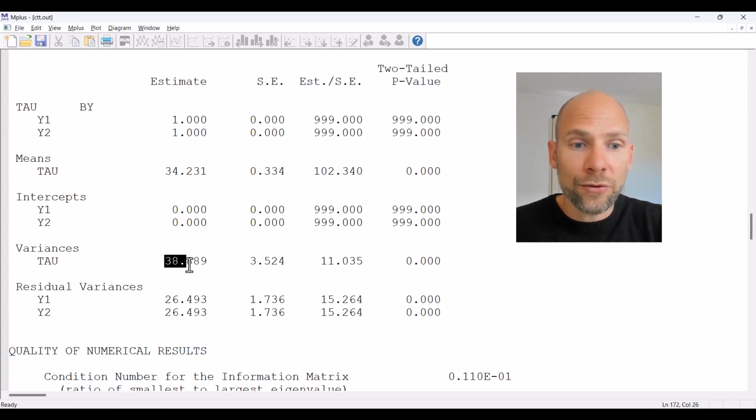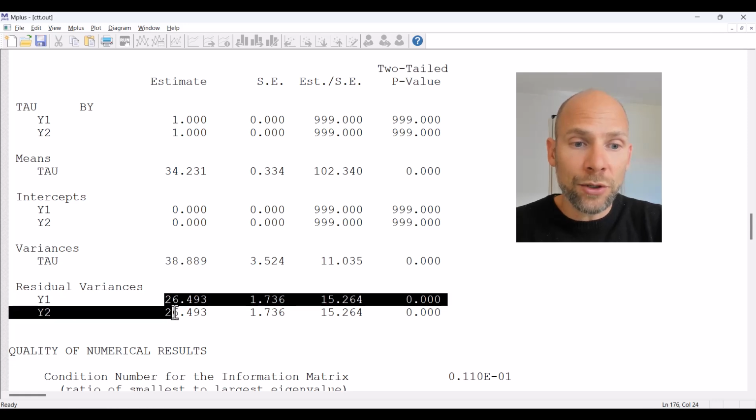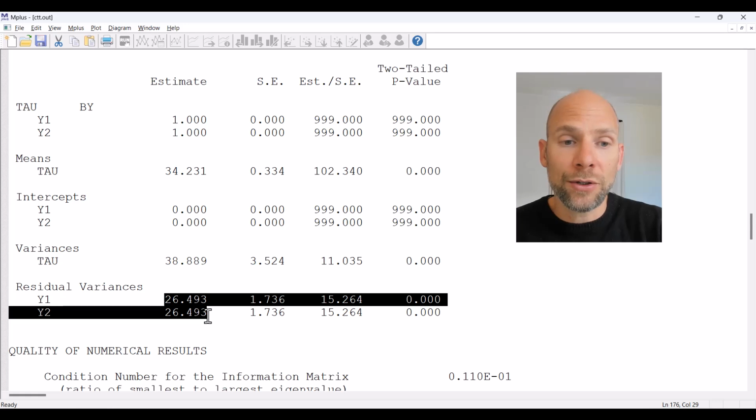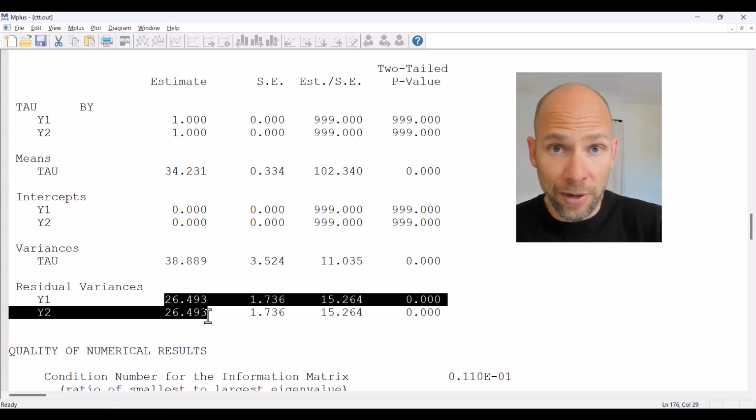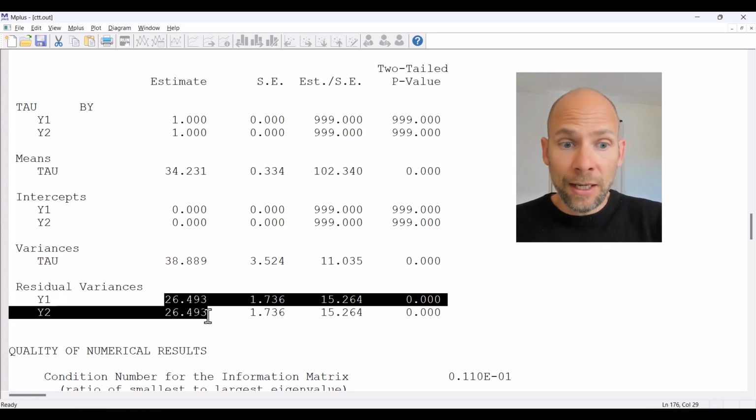And then also there's the true score variance component estimated, and there are the 2 residual variances, and you can see they're exactly equal because of the equality constraint. So really this is only one parameter that is estimated, has the same standard error and test statistic, and so there are really only three parameters that are estimated in this model: the common mean, the common true score variance, and the common error variance.